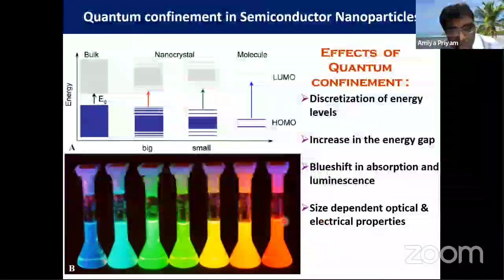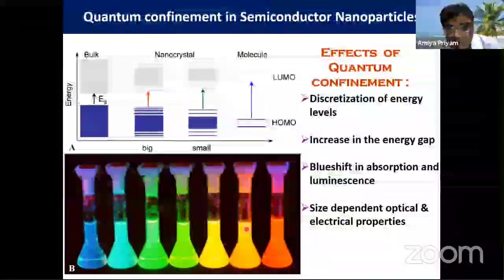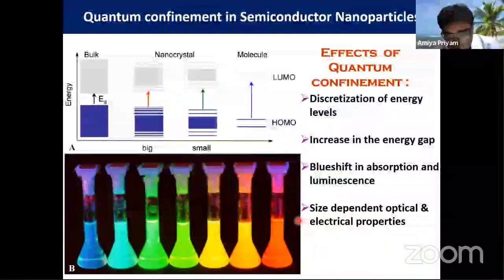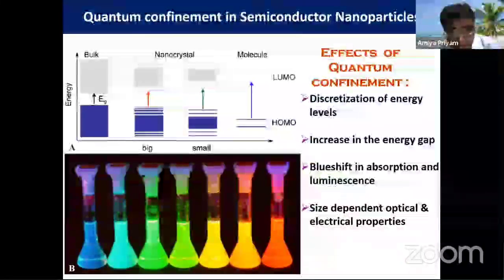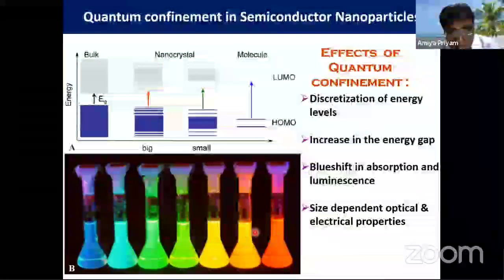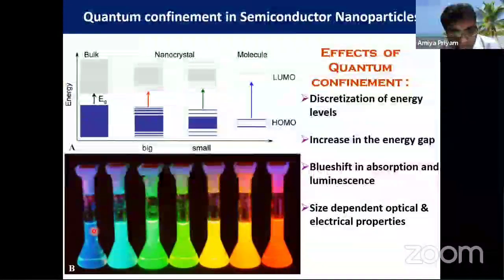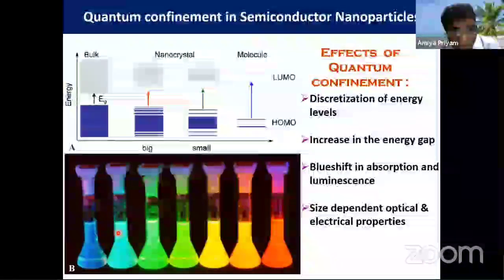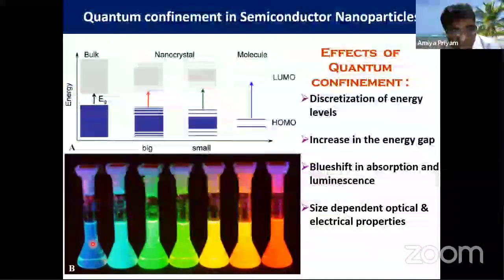So you can see blue emission to red emission. The material is the same, cadmium selenide. The red light emitting quantum dot is larger in size, and gradually, moving from right to left, the size is decreasing, and the smallest size nanocrystal emits blue light.